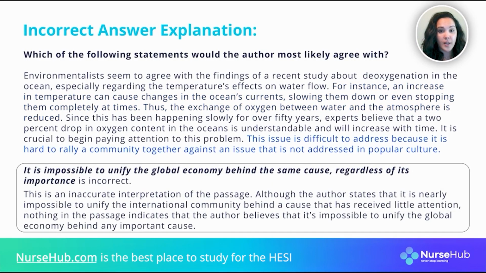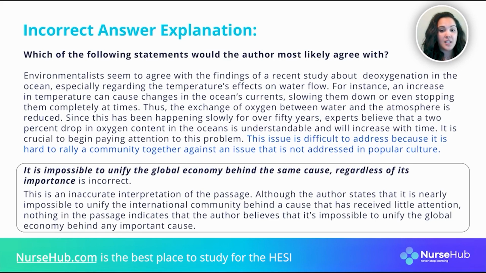Okay, here's our first incorrect answer explanation. It is impossible to unify the global economy behind the same cause, regardless of its importance. So this is just an inaccurate interpretation of the passage. The author does state that it's nearly impossible to unify the international community behind a cause that has received little attention.